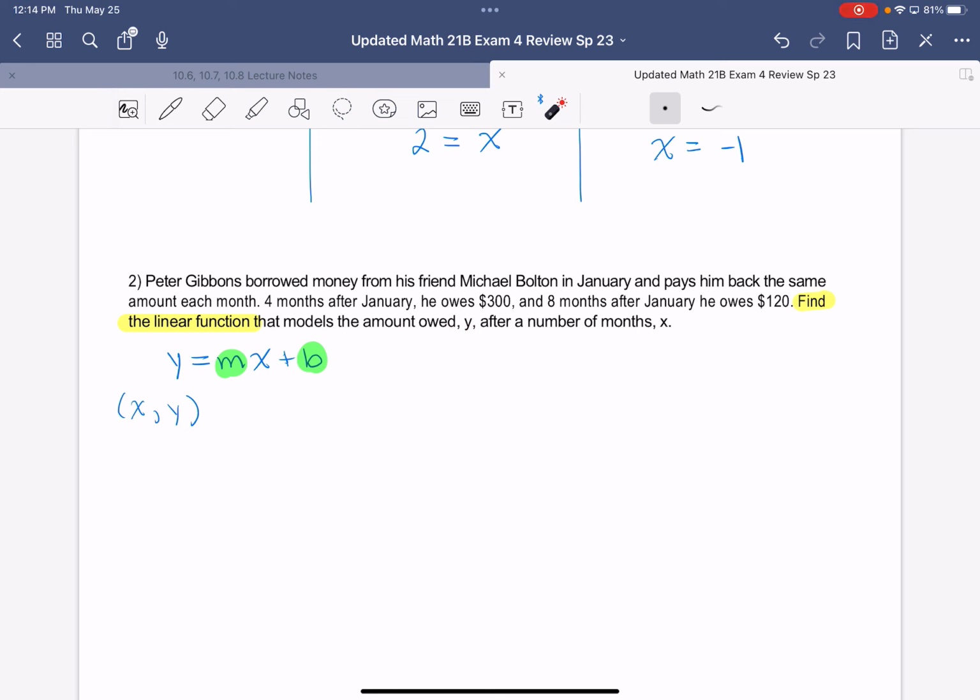So let's write our 2 points. X is the number of months. First, after 4 months, he owed $300. We're also told that after 8 months, he owes $120.